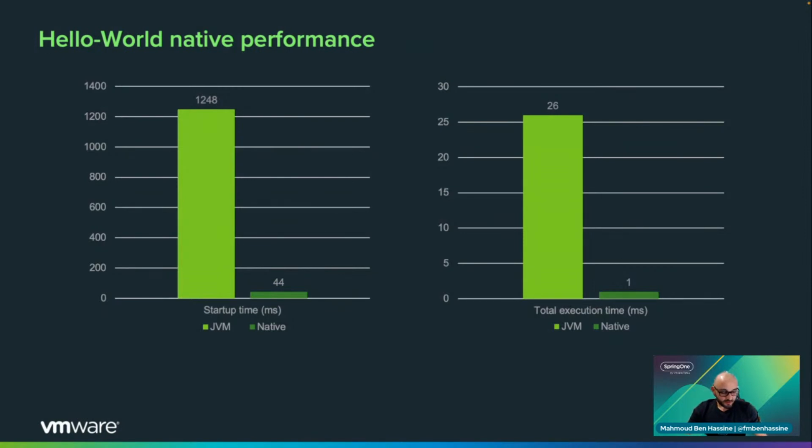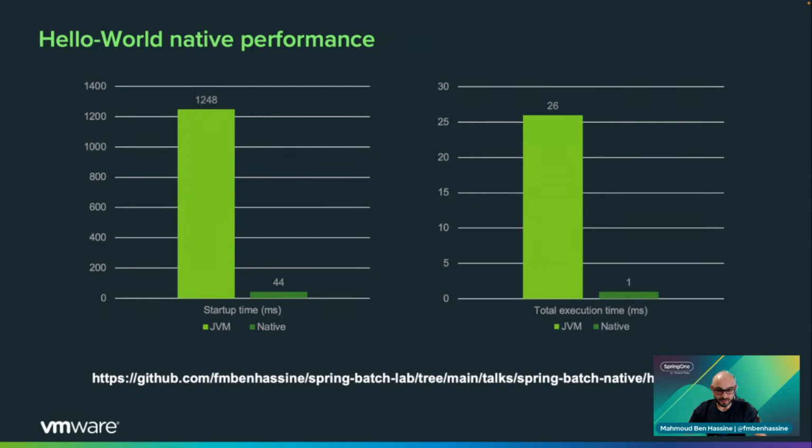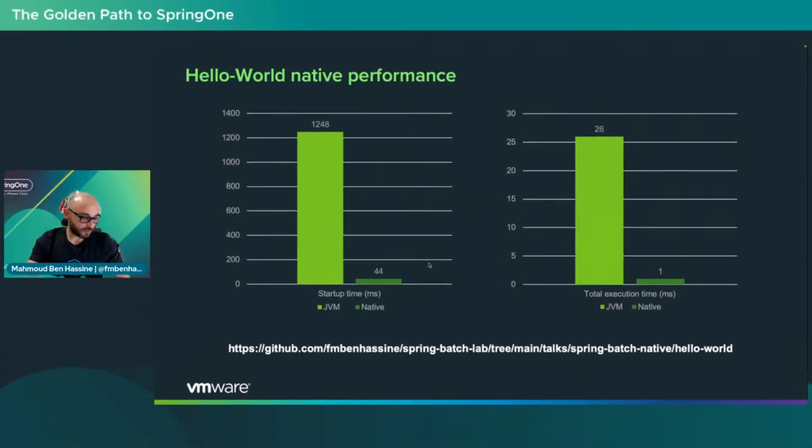So this is a Hello World application, probably not very representative, and that's why we benchmarked another app. Before moving to the other app, I share here a link to a repository where you can find the code of this benchmark and the instructions that you can use to see the results yourself.